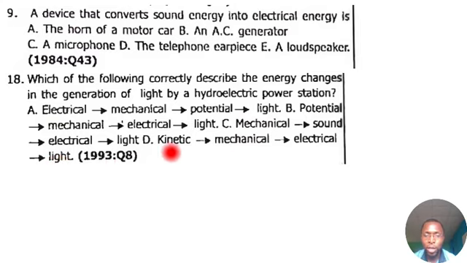So the correct option is D actually because mechanical would have been the one, but since kinetic is involved, kinetic is much clearer because you have to involve movement. So kinetic and mechanical are similar in nature. It's just that this one deals with the movement of the water, while this one deals with the rotation of the turbine. So the correct option is D.